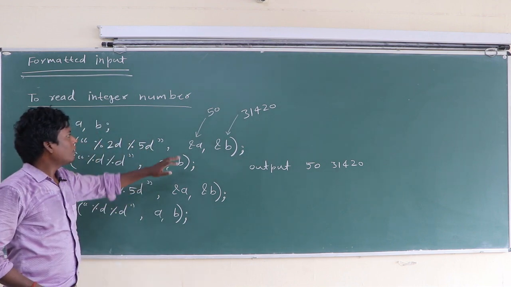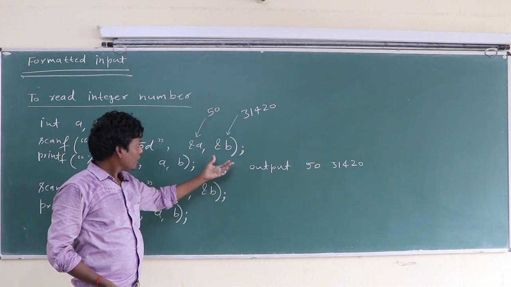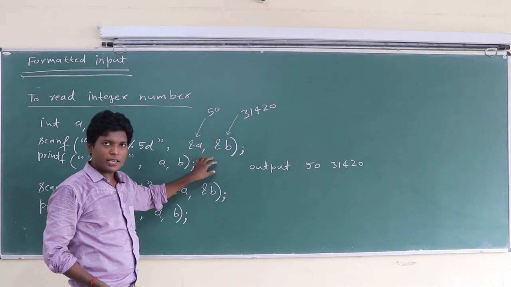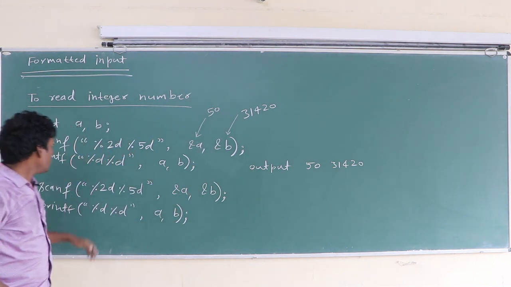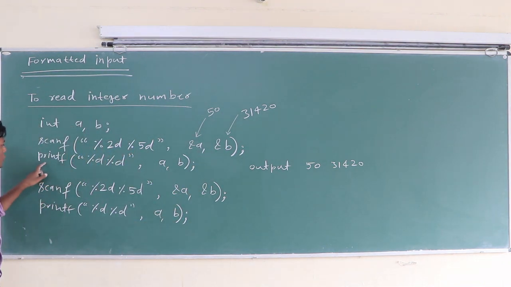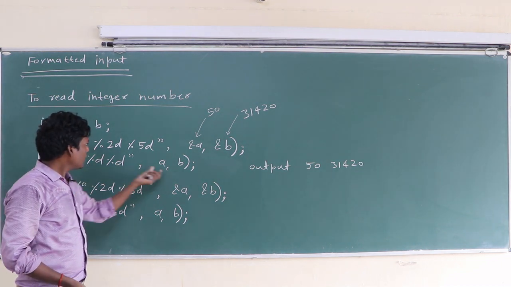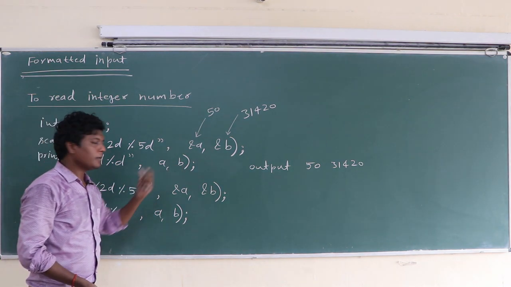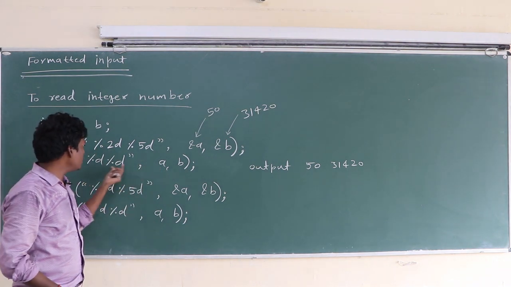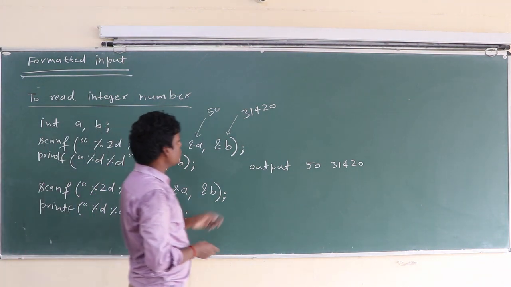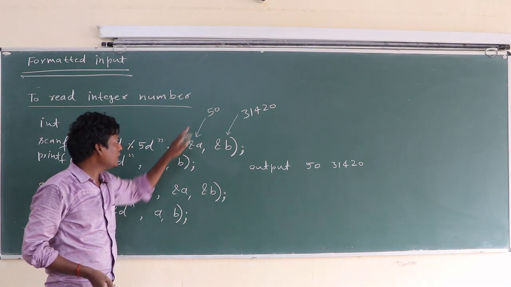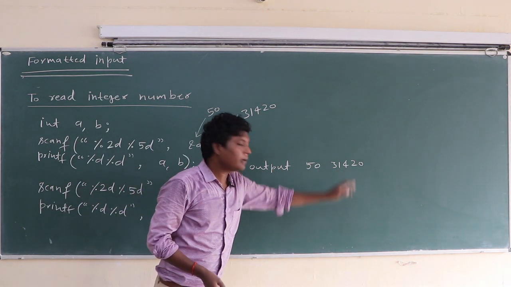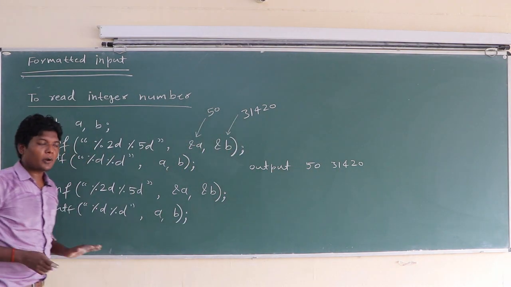So no problem, the input matches this configuration. Now we print through printf: %d a, %d b. This %d prints a, this %d prints b. So a has value 50 and b has value 31420. No problem.